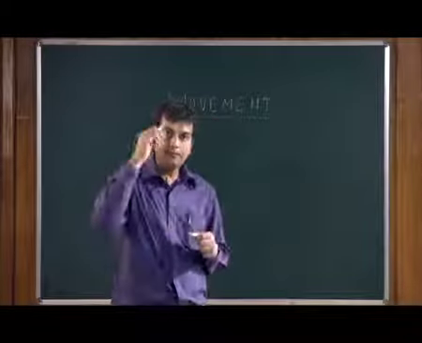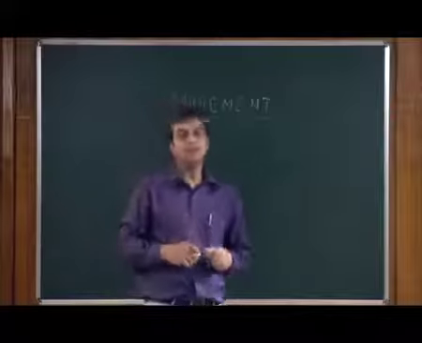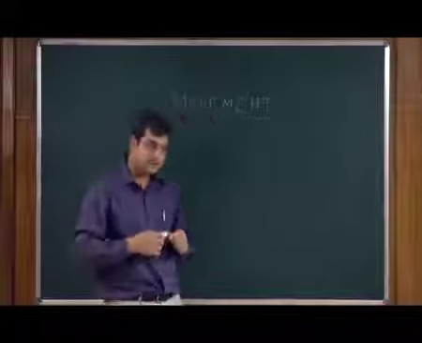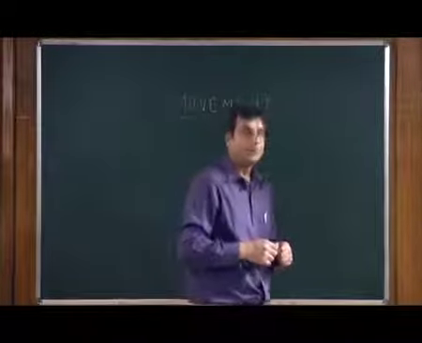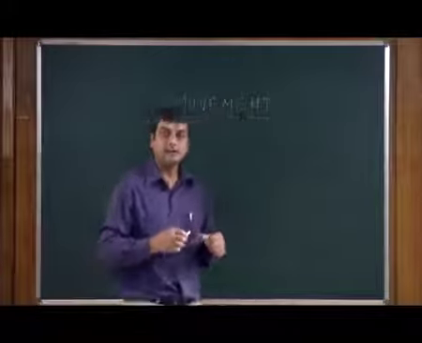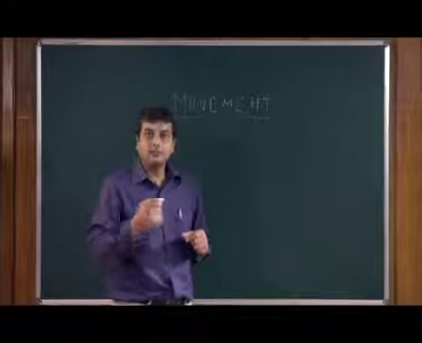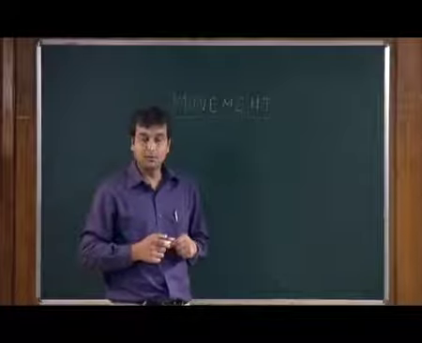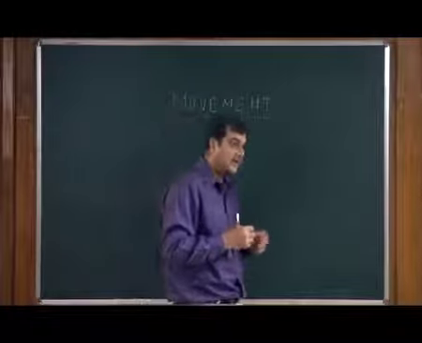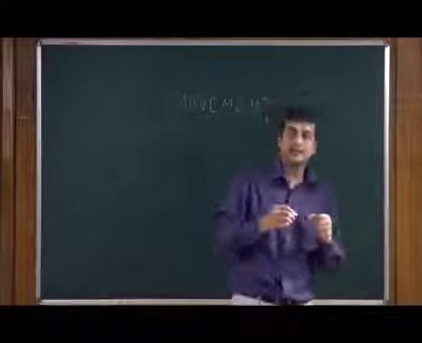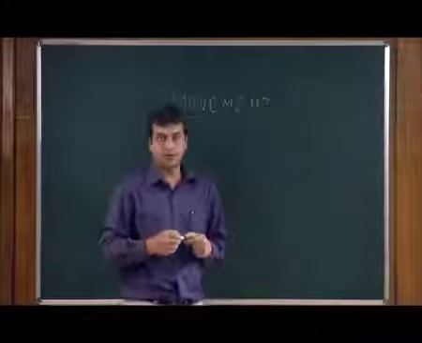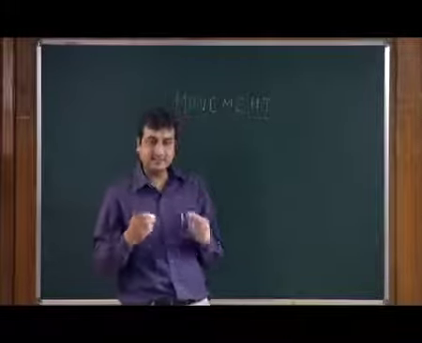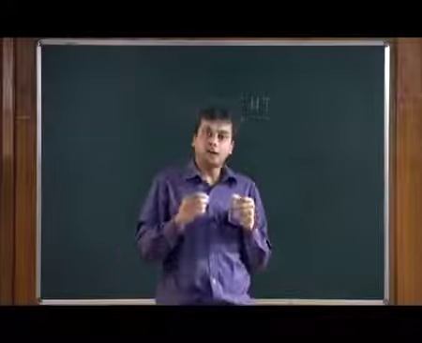We have blinking of eyes, so eyelid movement is also a movement. Our tongue is also having some movement. So, the movement stands for anything that is having some sort of motion attached to it. So, that is a specific aspect of movement.